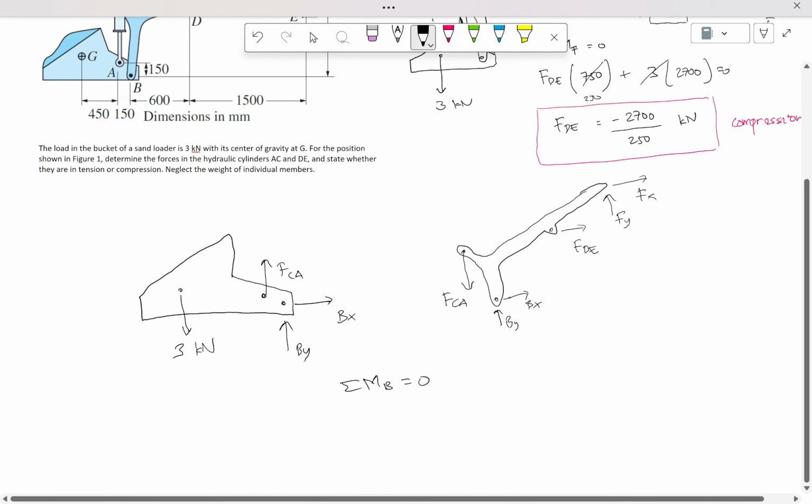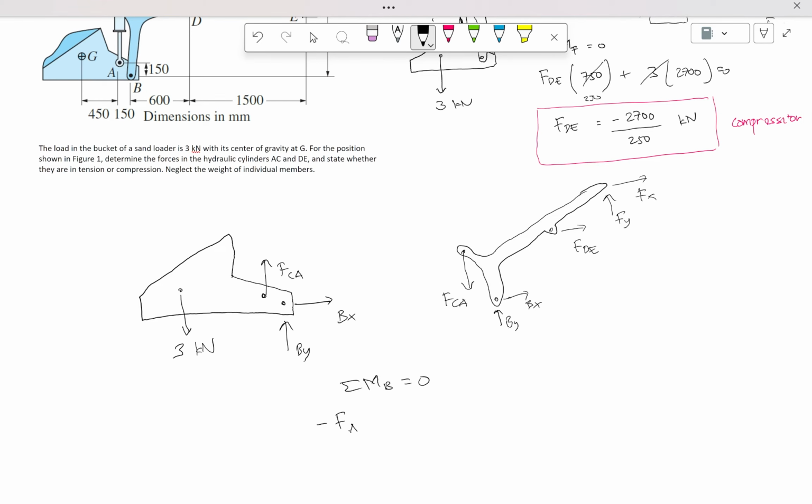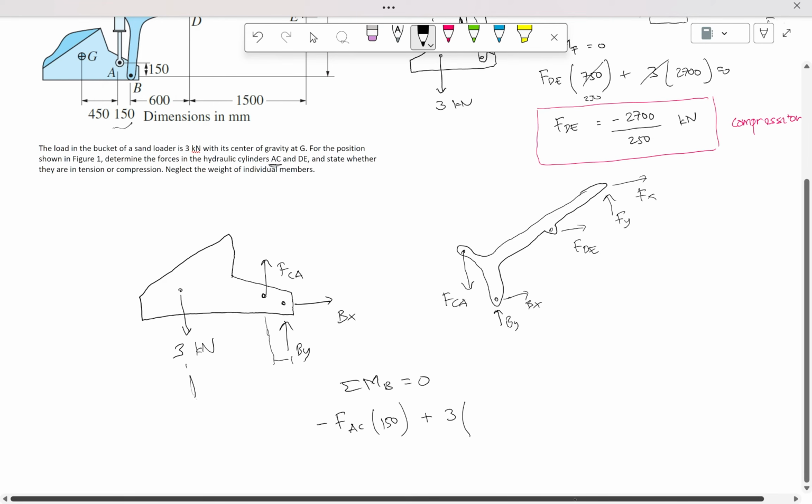FCA will create a clockwise moment, so it's minus FAC, let's call it, to make it similar to the question, times the horizontal distance, which in this case is 150. Then the 3 kilonewtons will create a counterclockwise moment times this distance, which is 450 plus 150, so 600.